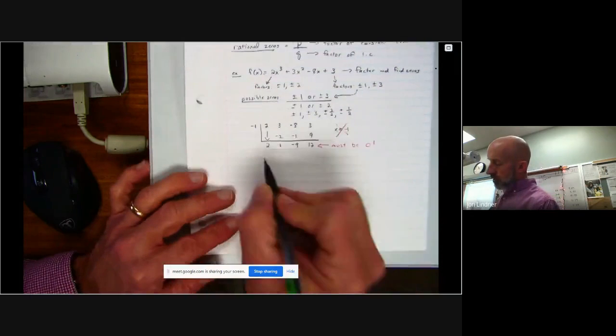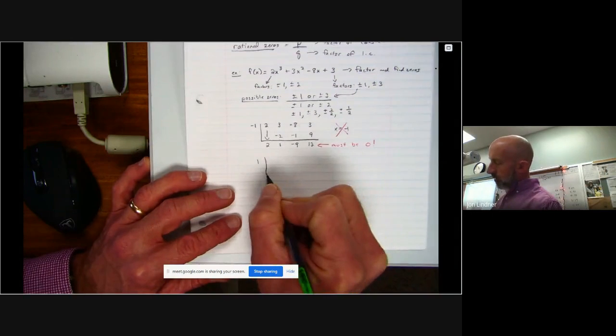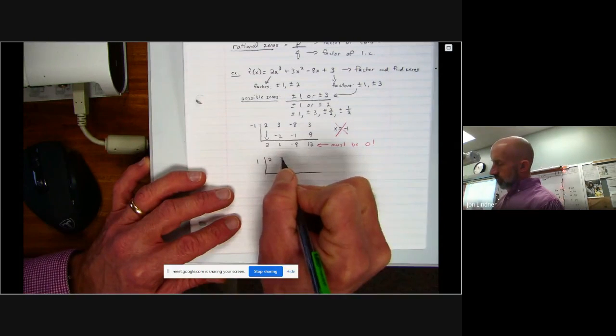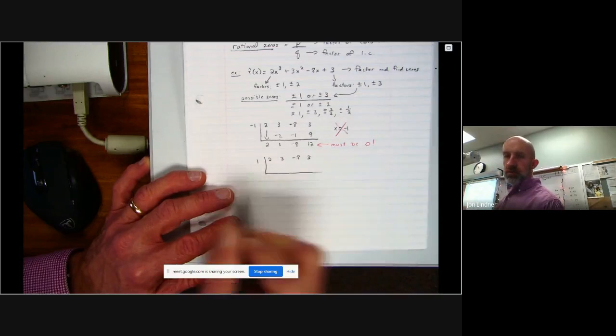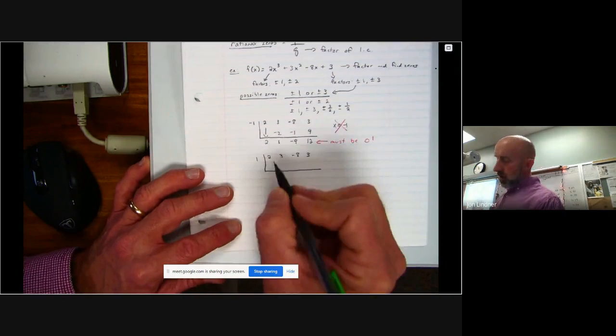Let's try positive 1. So at the beginning, you have a little bit of experimentation you got to do. Same coefficients. Let's do our synthetic division now.